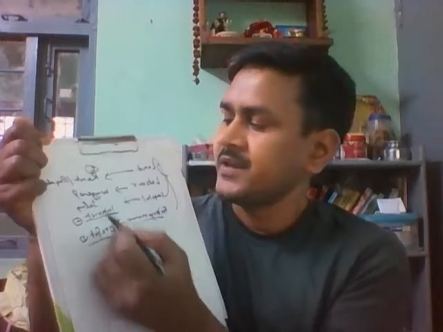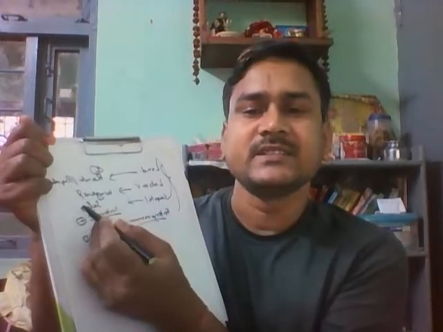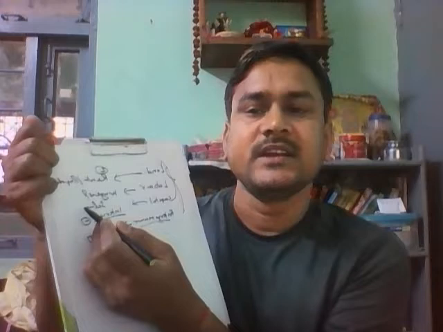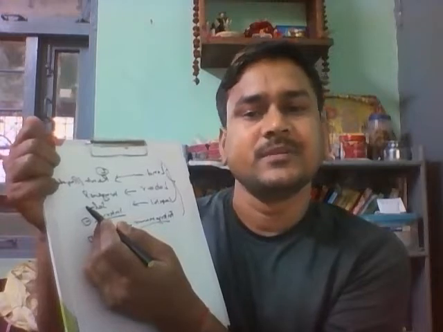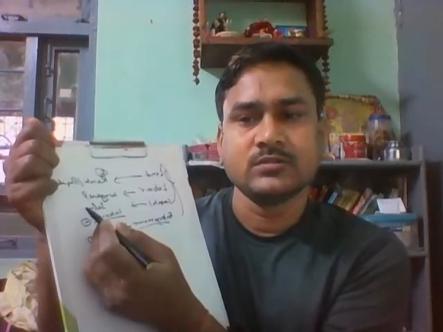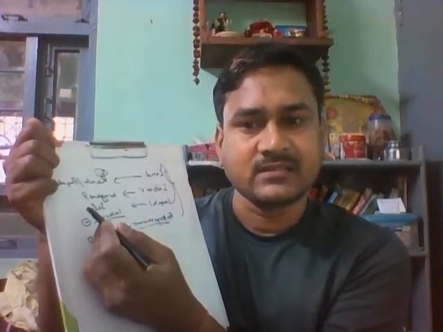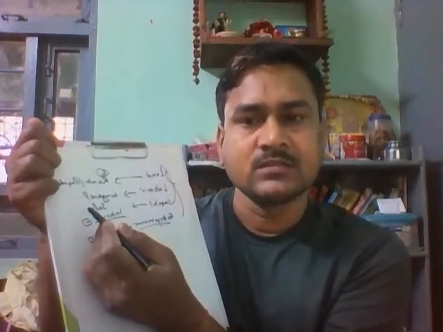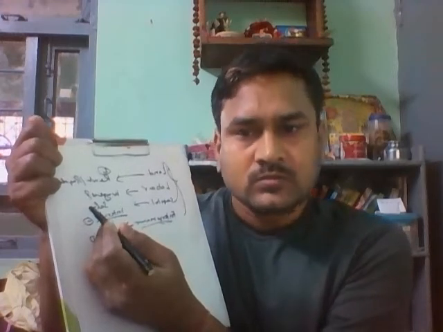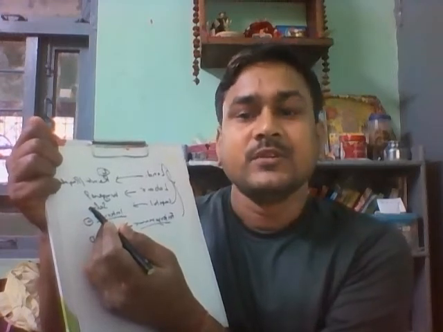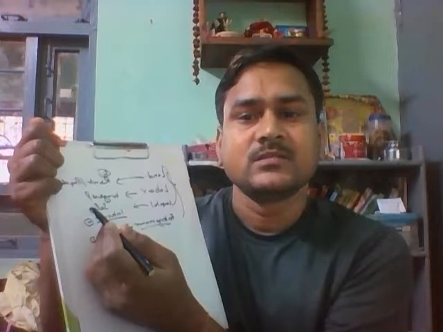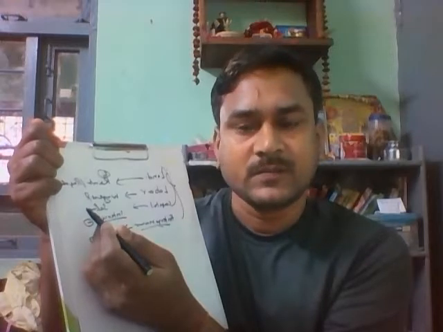And wages and salary in cash and kind are treated as compensation of employees. That includes wages and salary paid in cash plus contribution of employers to social security.